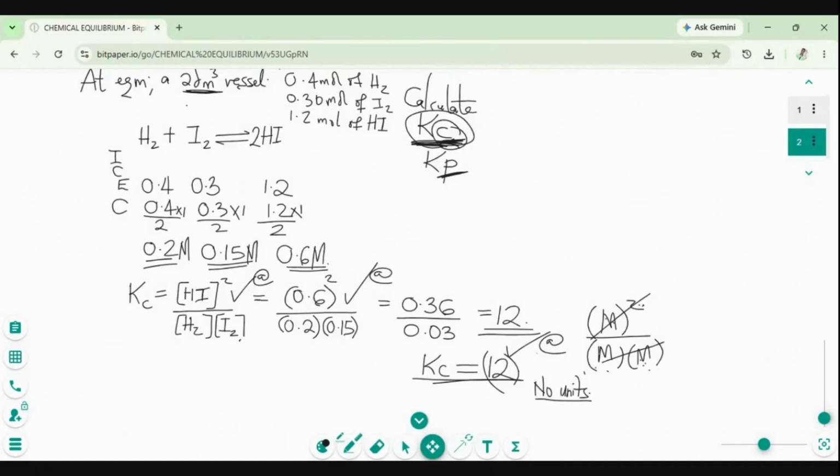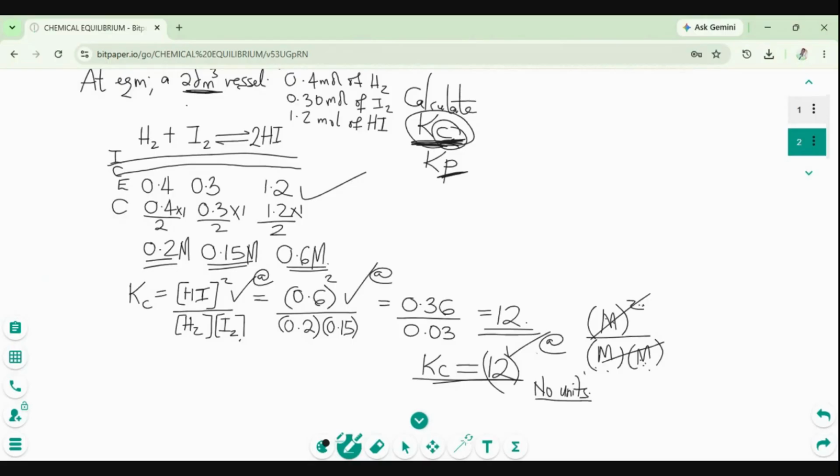I want us to take this a step further. Before we look at another example, you notice that I didn't go back to initial moles. I didn't ask myself again, what did I have initially? I didn't need initial moles. I didn't need change in moles or moles that reacted, because I already have what I have finally. So the moment you have the moles at equilibrium, you already arrived at what you want.